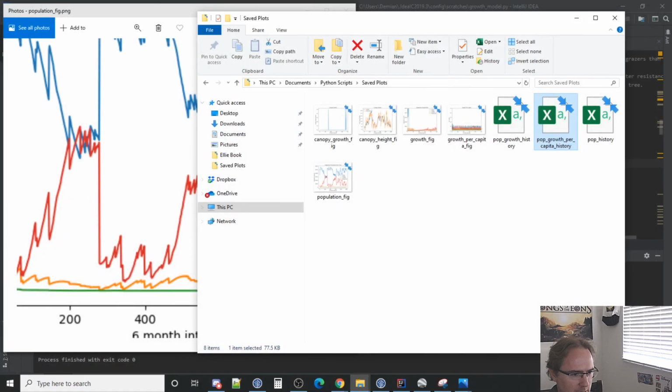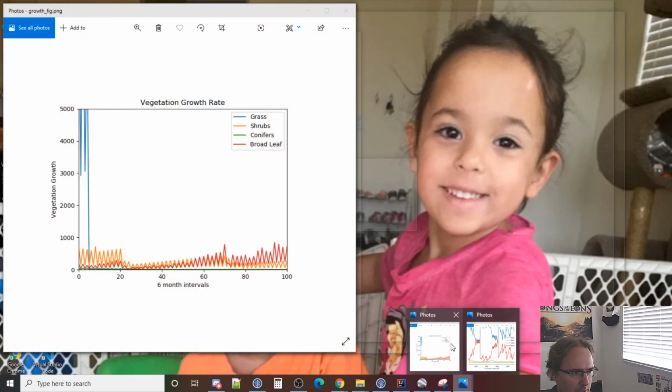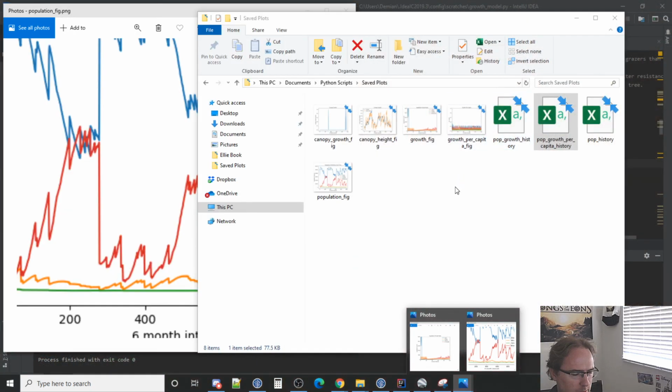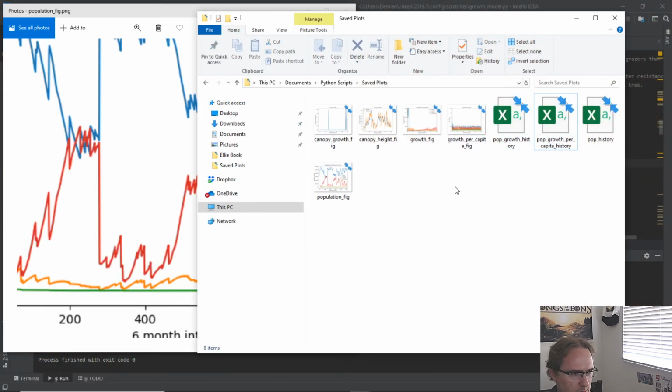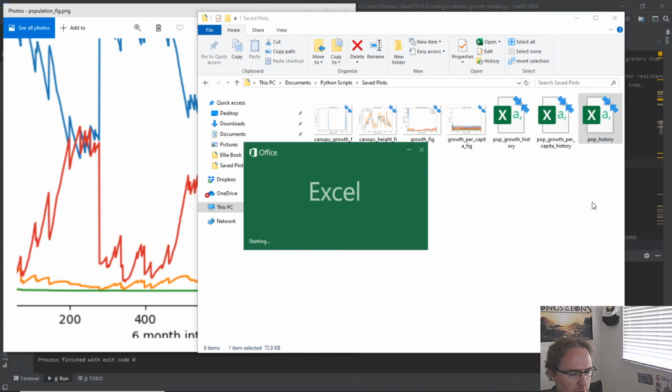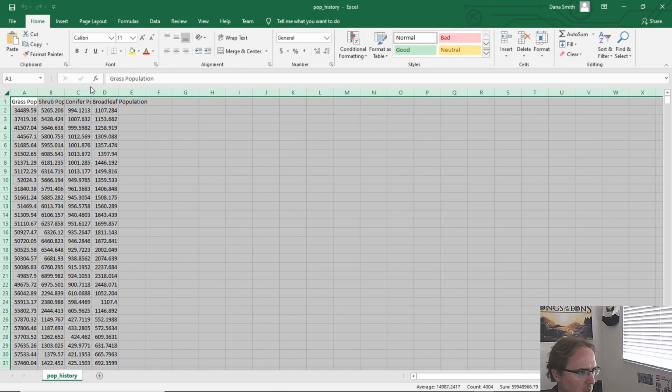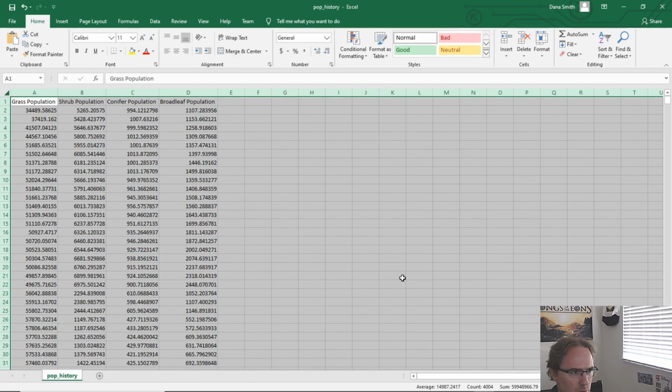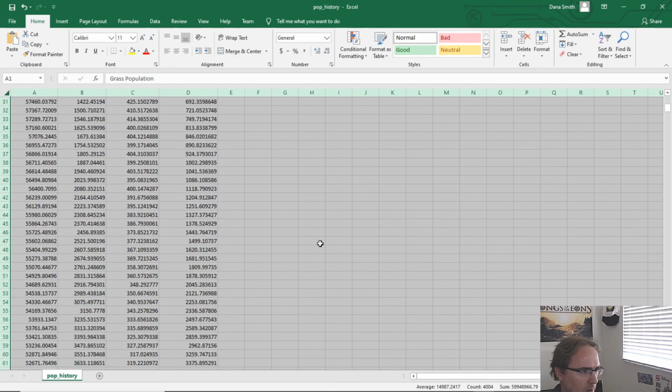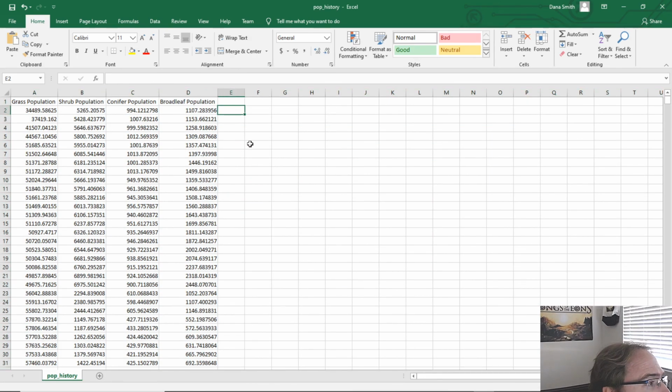Well, and what astonishes me is trees, broadleaves in this case, they bounce back so quickly. Here, we can infer growth in a given year by looking at the difference between one year and another. Let's go ahead and do our auto sum.